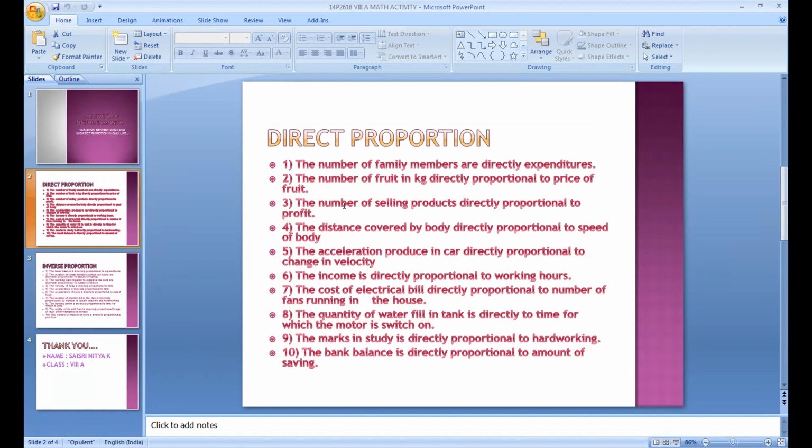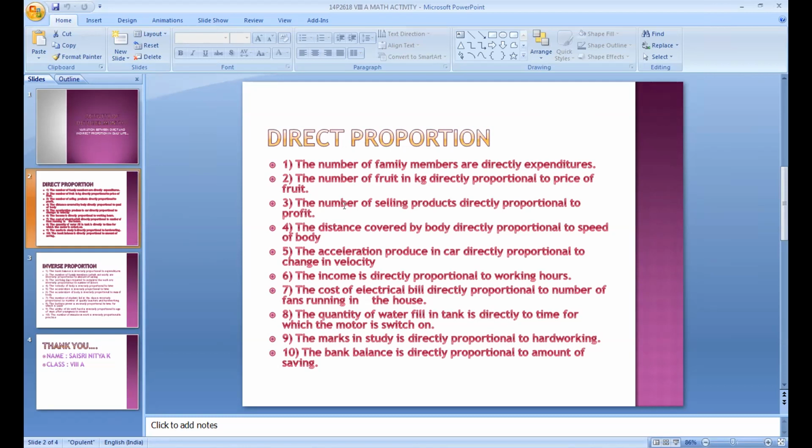Direct proportion. The number of family members is directly proportional to expenditure. The number of fruit in kg is directly proportional to the price of the fruit. The number of products sold is directly proportional to the profit. The distance covered by a body is directly proportional to the speed of the body. The acceleration produced in a car is directly proportional to the change in velocity.